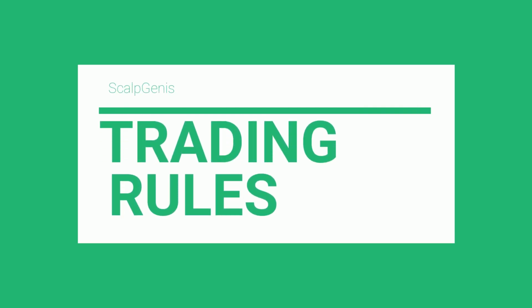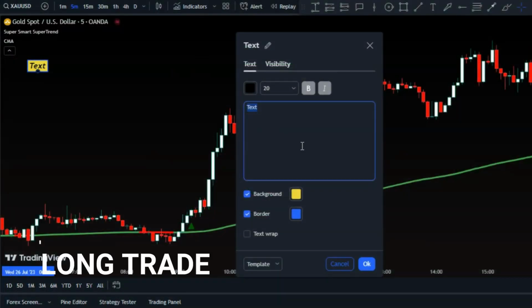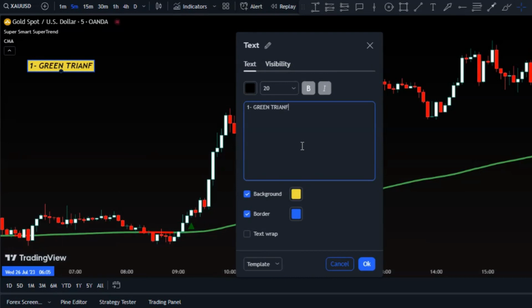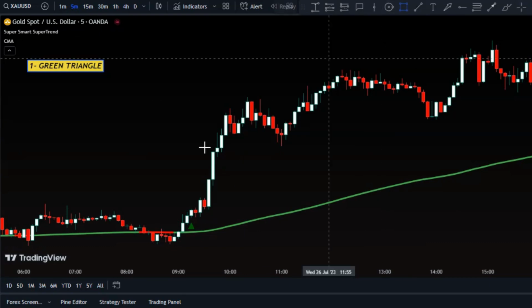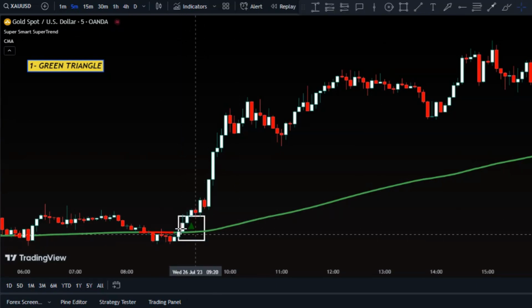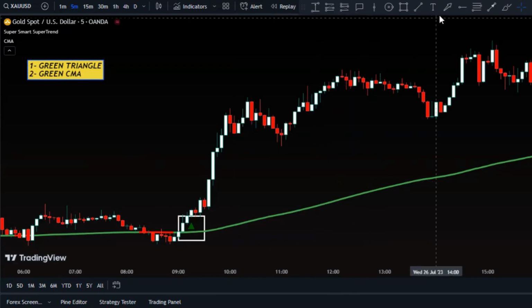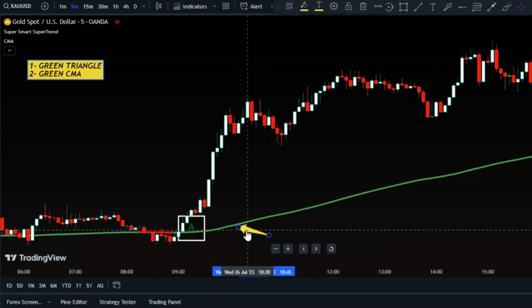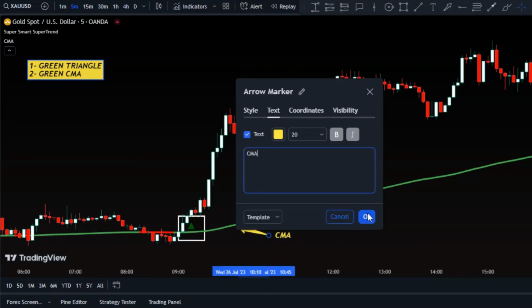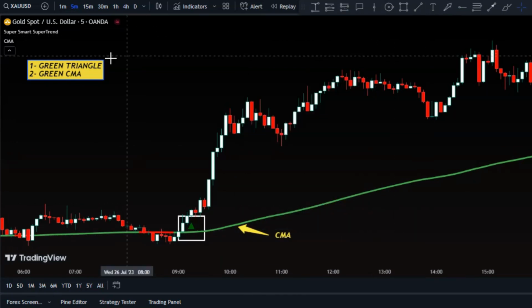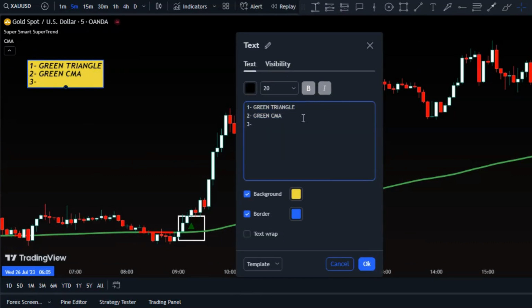So, in order for us to enter a long trade, we need to follow 4 rules. First, we need to see an uptrend triangle form below the candlestick. Second, we need to make sure the CMA indicator is turned green. Then, in the next step, the price needs to be above the CMA indicator.